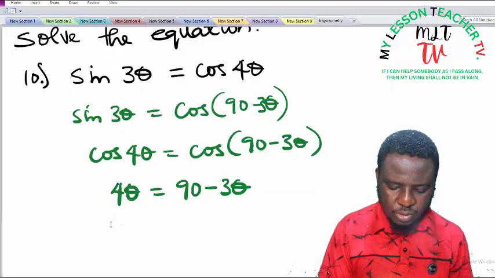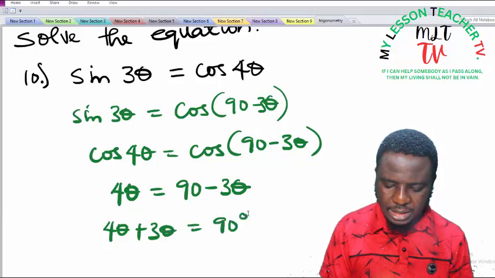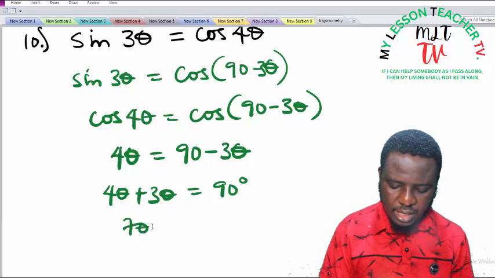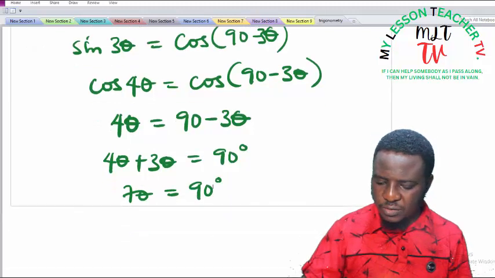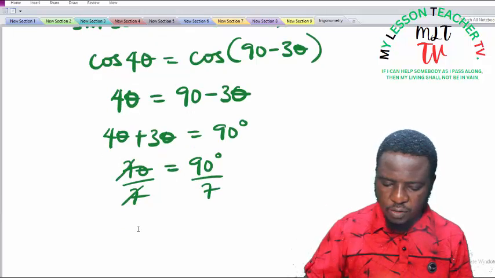And when you collect like terms, you have it that 4 theta plus 3 theta is equal to 90 degrees. This gives us 7 theta to be equal to 90 degrees. What is the value of theta? Divide both sides by 7, and that gives you your value for theta.